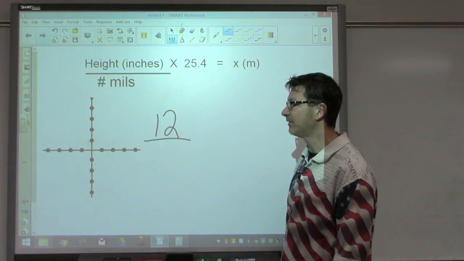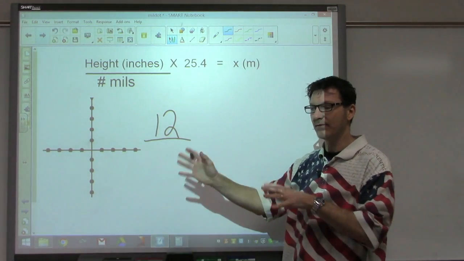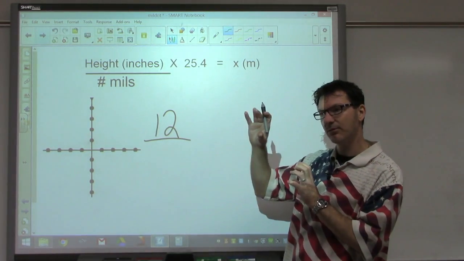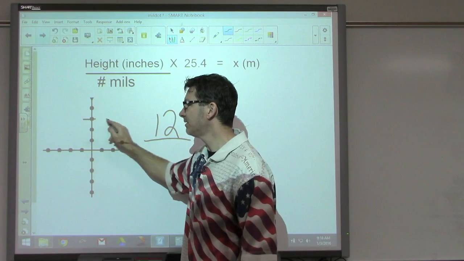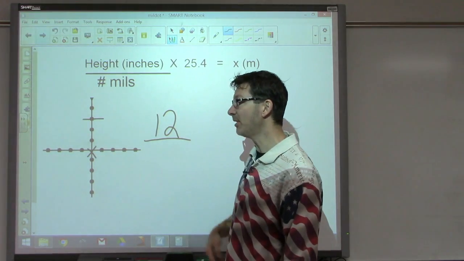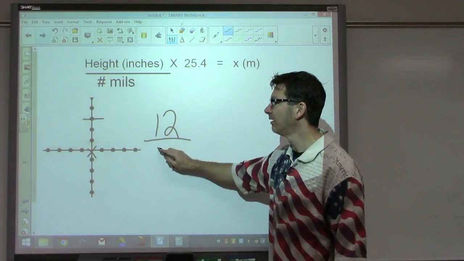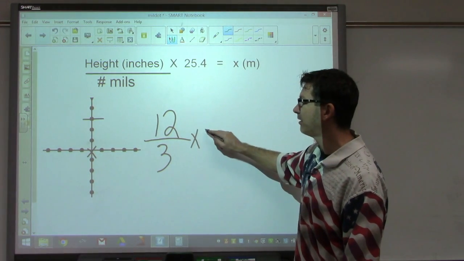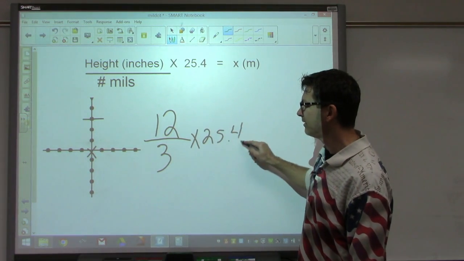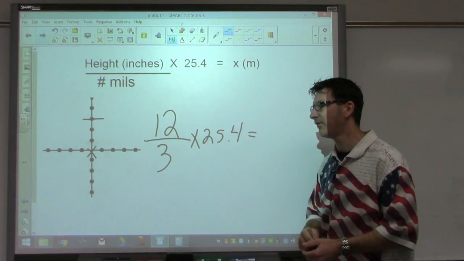All I have to do now is set it out there somewhere. I have no idea how far it is away, but if I look through my rifle scope and I can see it takes up 3 mils, so it goes from the vertices up to the center of the third dot, it's going to be 12 divided by 3 and then times by 25.4.